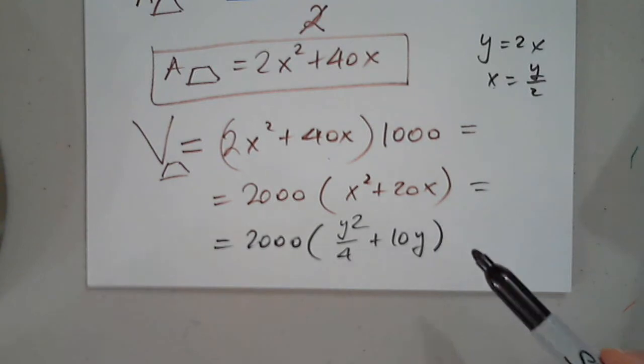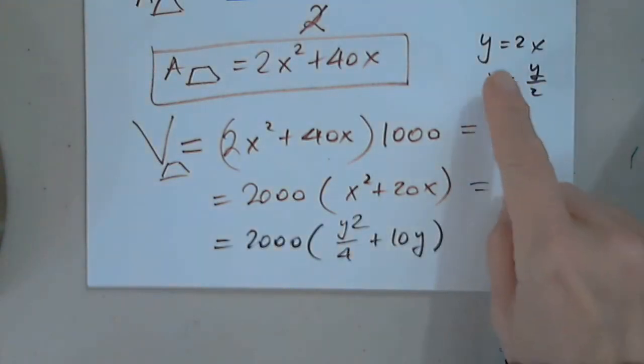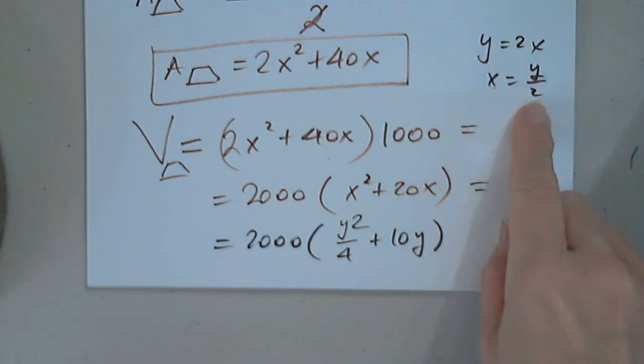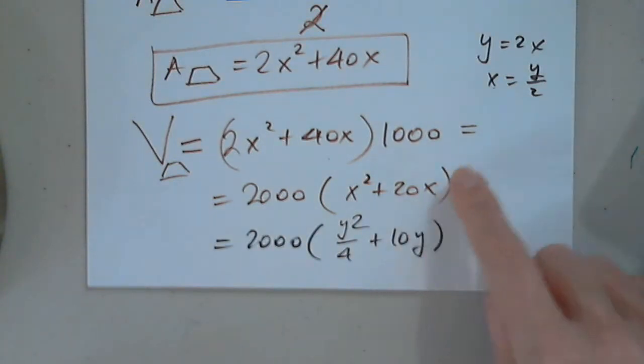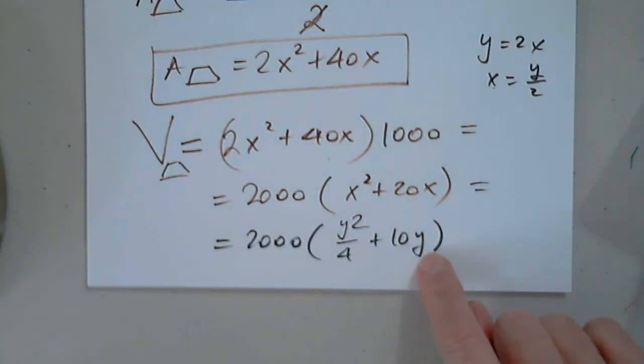I could have denoted it by h to make it easier on us, because that's what y is. y is h. So one more time, y equals 2x, so x equals y over 2. When I square, I get y squared over 4, and then 20 times y over 2 is 10y.